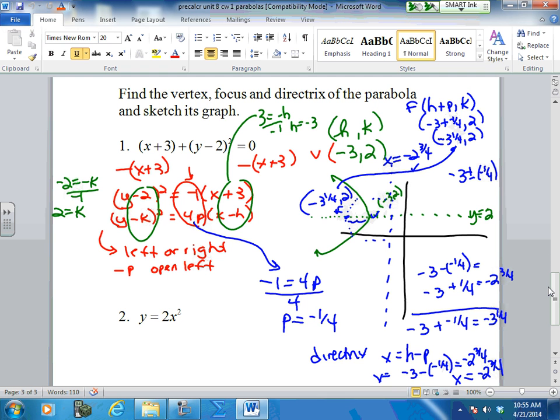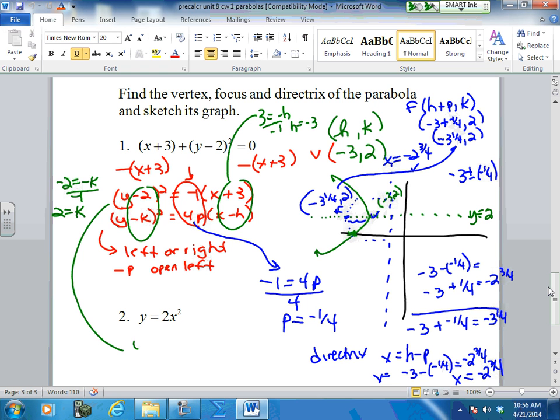I can pretty much sketch this, but I just don't know where this point will be right here. That's my x-intercept. So to find my x-intercept, do I set y equal to 0 or x equal to 0? Y. So I'm going to come here and use either one of these. Sometimes it's easier to just go into that one.